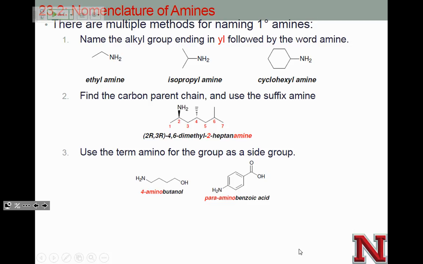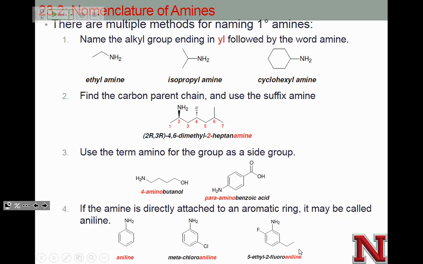If we have a more functionalized carbon like a carboxylic acid or an alcohol, then our amine can be the substituent, and it's just called amino. So here we're looking at para-amino. Fairly straightforward. If our amine is directly attached to the benzene ring, we call it aniline.